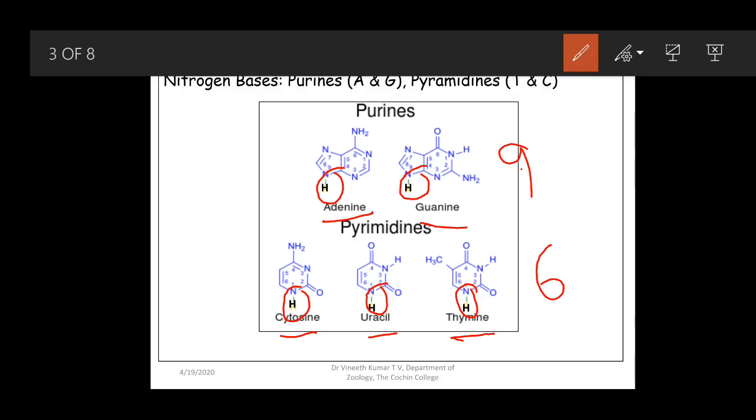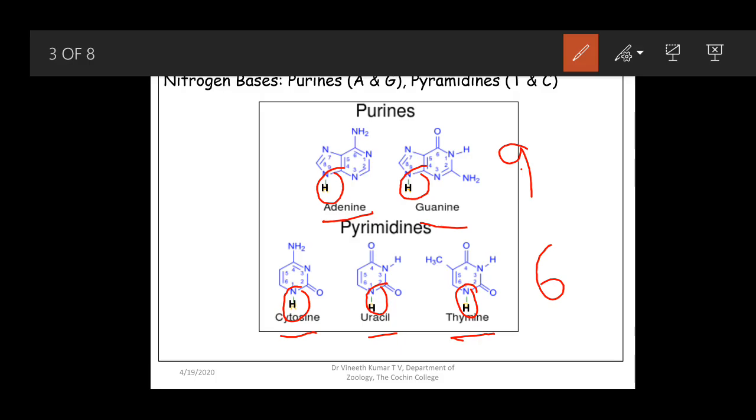So in purines it is N9, and in pyrimidines it is N1. This is the important region where the base pairs with the ribose, forming a nucleoside. So keep in mind that in purines it is N9 which is bonded to the C1 hydroxyl group of the ribose sugar.